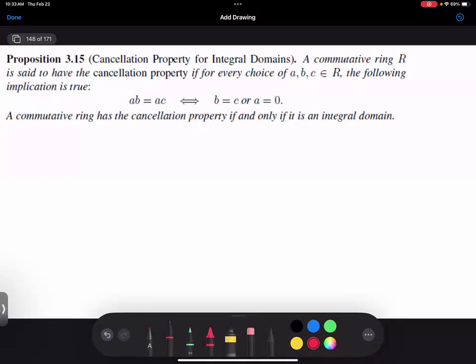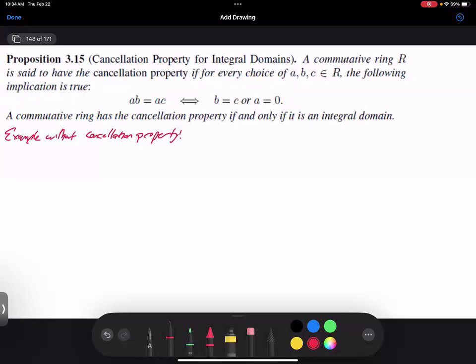Can you give me an example where this is not true? A ring that doesn't have the cancellation property. So what would be an example where you don't have cancellation?